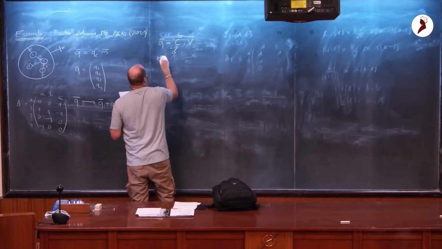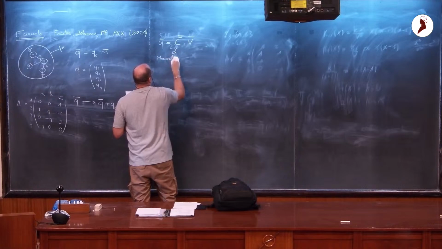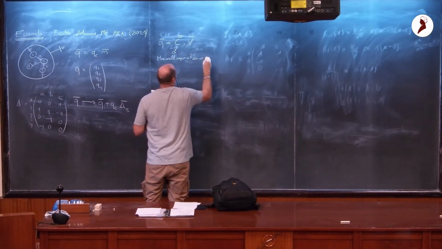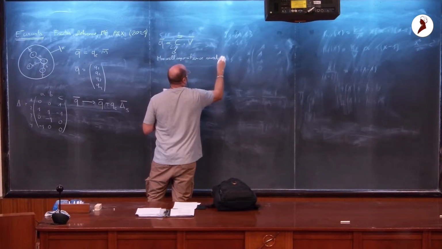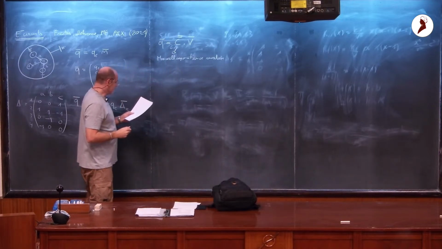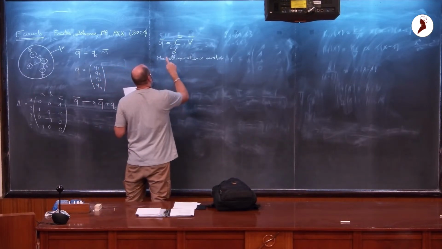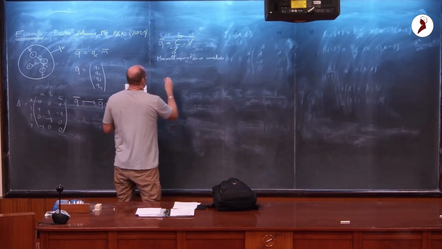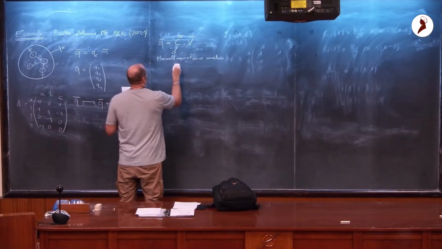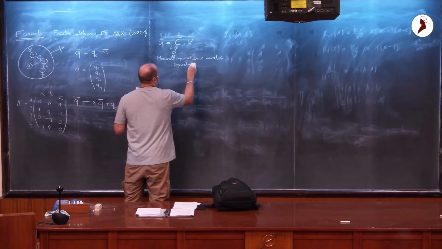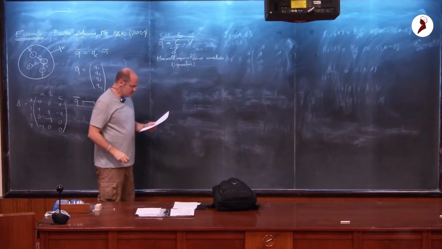So this is called the Maxwell capacitance matrix. It's symmetric. It contains mutual and self capacitance, and it is symmetric. This is known in electromagnetism.